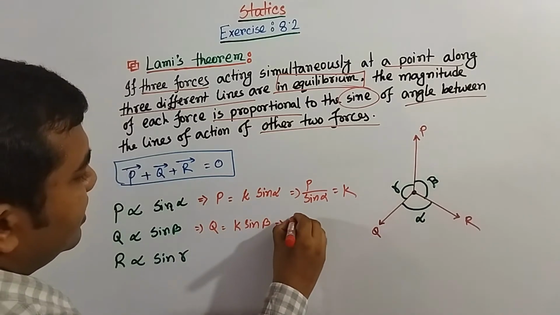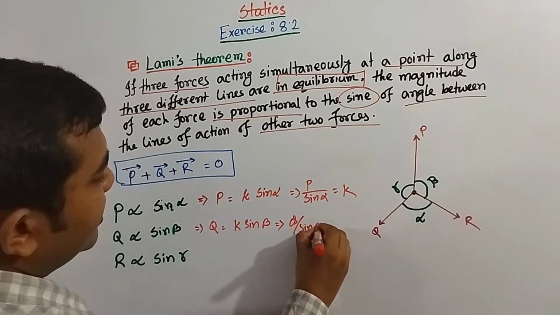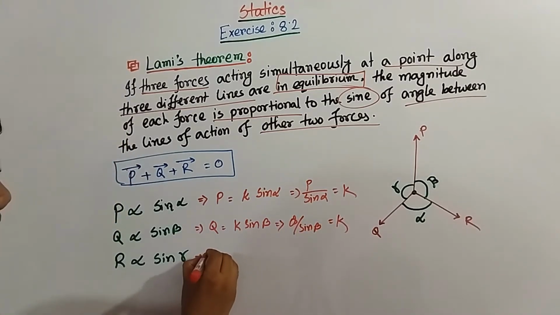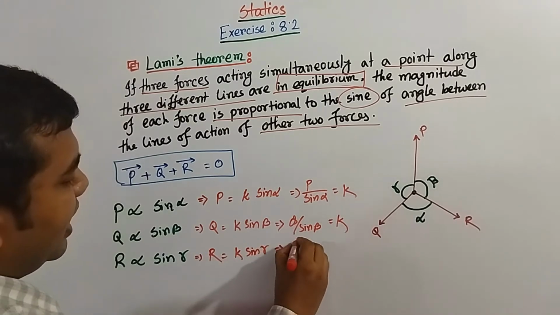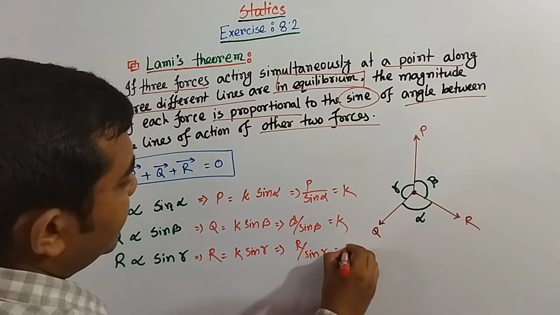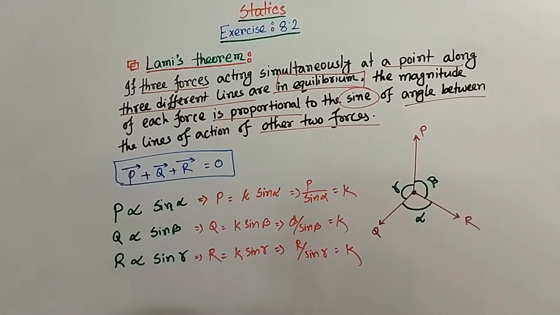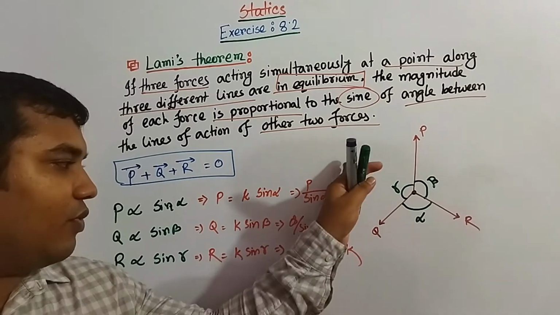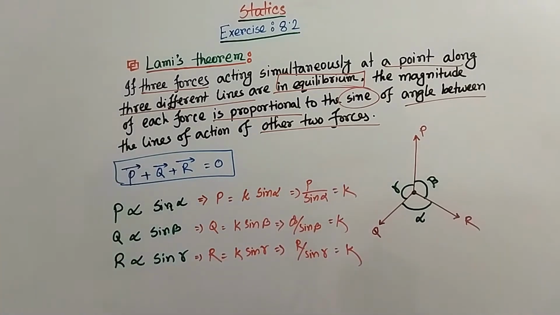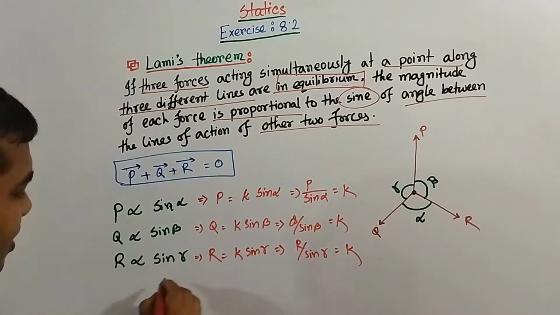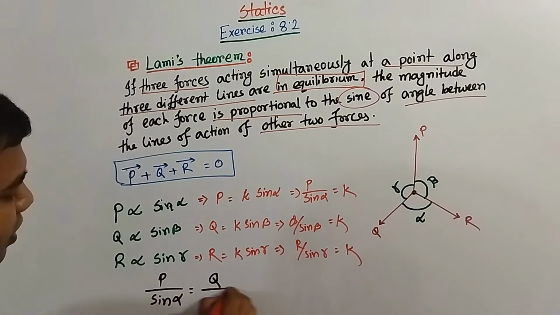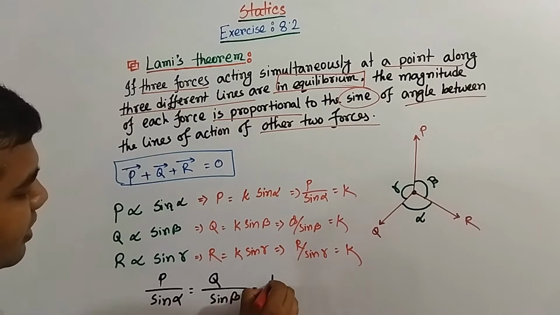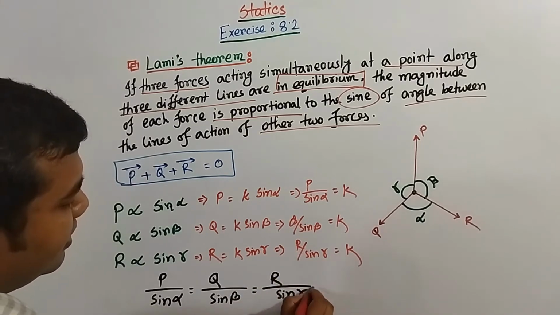That means Q over sine beta should be K. And R equals K sine gamma, that is R over sine gamma should be K. Since all these three ratios are equal to the same constant, finally we can write P over sine alpha, Q over sine beta, R over sine gamma.